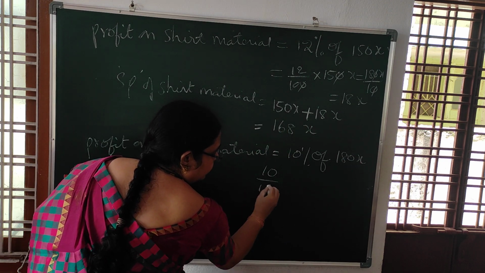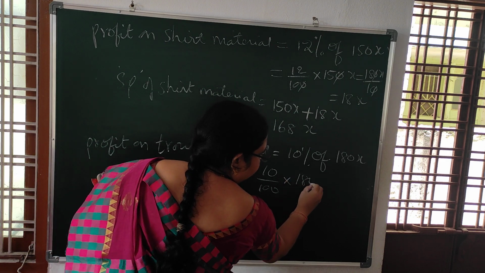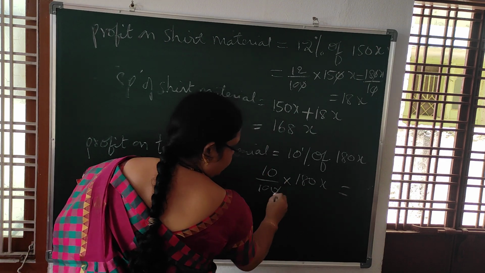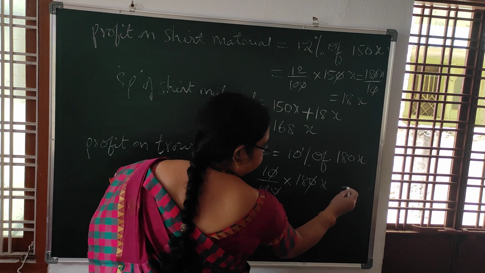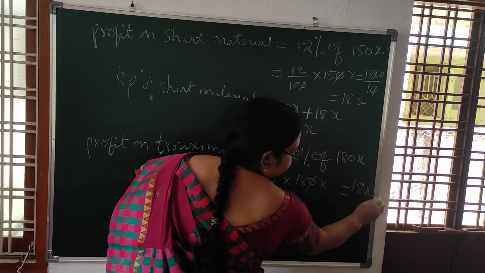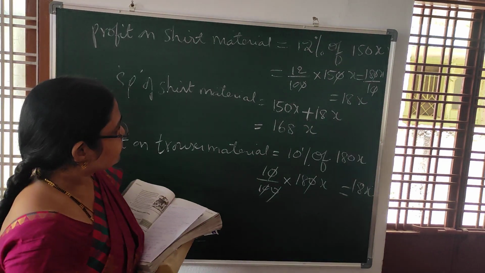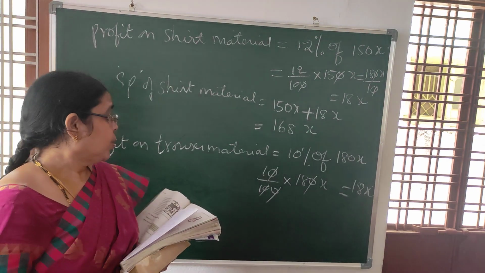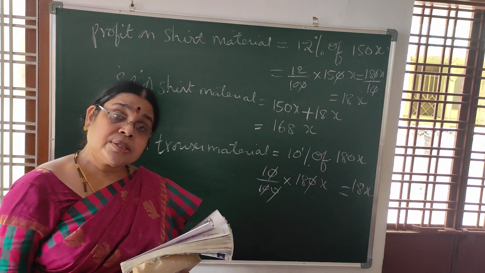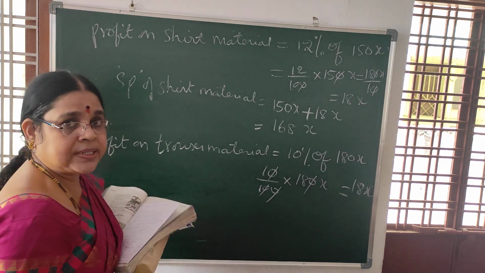So 10 by 100 into 180x is equal to how much? Two zeros will go, you are getting 18x. That means profit on shirt material is 18x, and profit on trouser material is also 18x, even though the percentage is different.